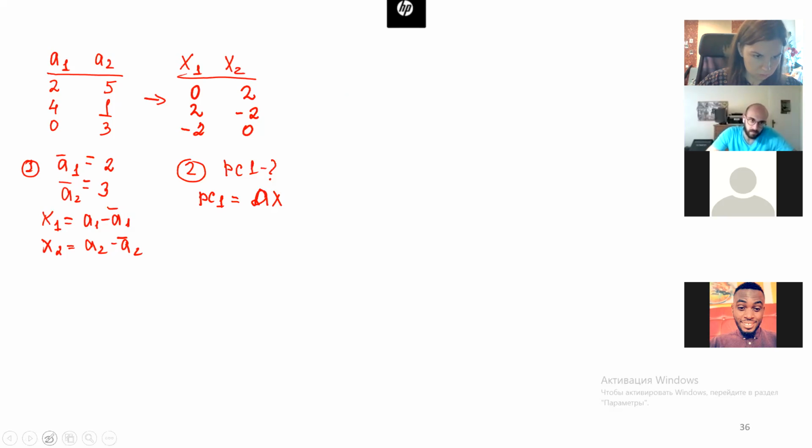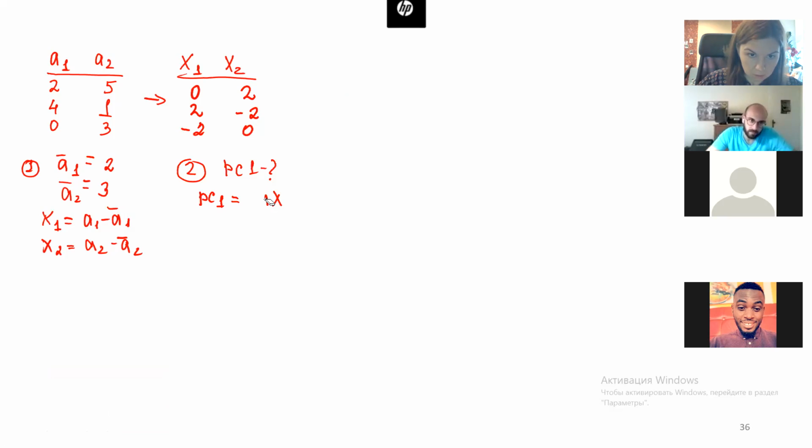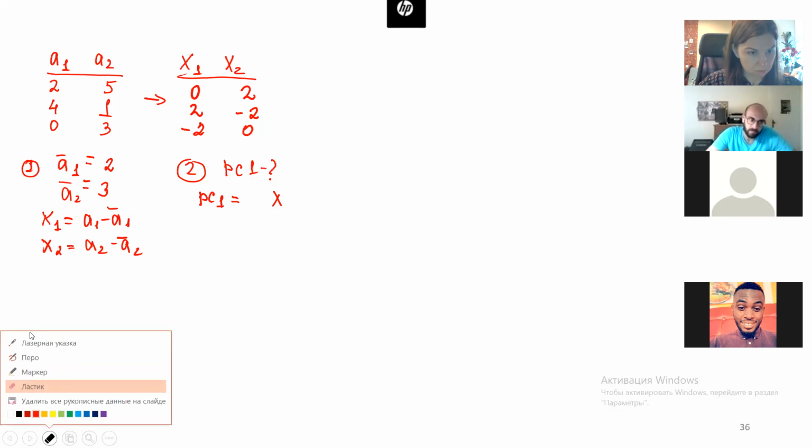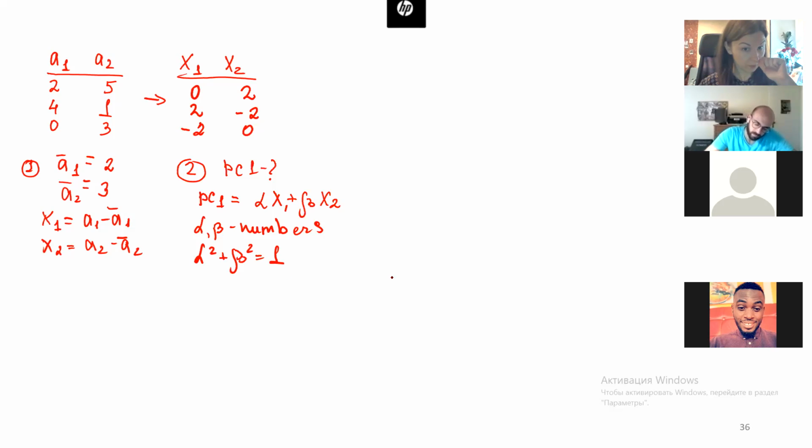It's not very good to use the same letter for two different variables. We know that alpha and beta are numbers, and that the length of this vector is equal to 1. Yes, so it's our limitation.